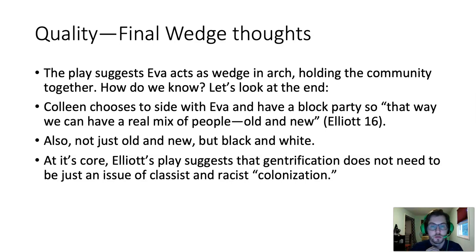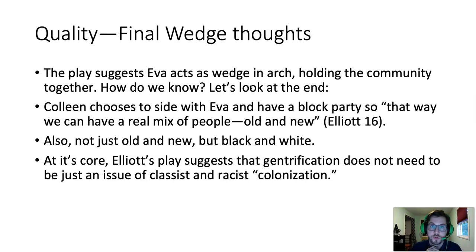So how do we know? Let's examine the very end of the play. Colleen, who throughout the play has been in the middle of Jane and Eva's discussion on what the neighborhood and the building should be, sides with Eva to have a block party so that all of the members of the building can get to know each other. That way they can have, as the play says, a real mix of people, old and new. But as we know, the old and new does not just refer to renters and shareholders.